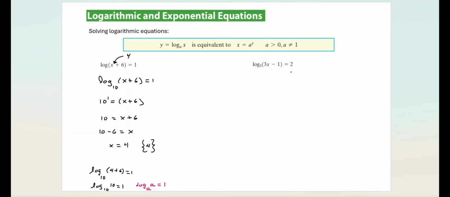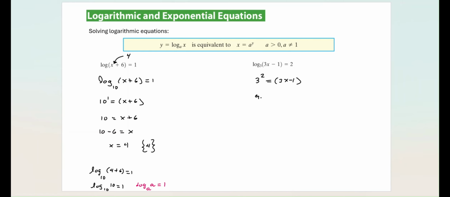We have another logarithmic equation here. There is log in base 3 of 3x minus 1 equals 2. In this case, the base of the logarithm is explicitly there. So we will rewrite this in exponential form. We will say that 3 to the second power is equal to 3x minus 1.